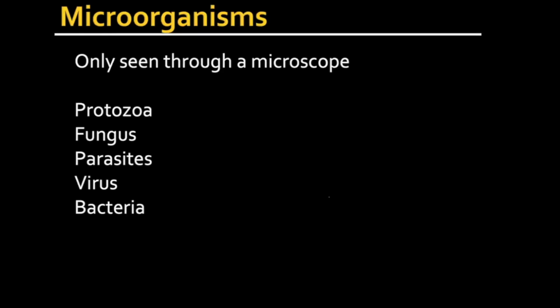And you won't always see this list this way, because a lot of times protozoa are put into one of the other categories. So I listed it separately because I wanted to talk about a couple of medical conditions that you see as a result of a protozoa infection.